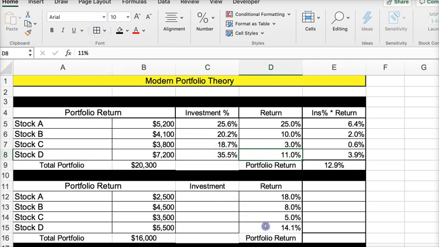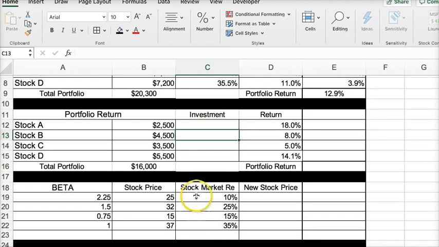Why is there no box on this cell? Let's fix that. Okay. All right, so you can try the second example and check your work in the answer key for calculating a portfolio return. Let's move into calculating beta.